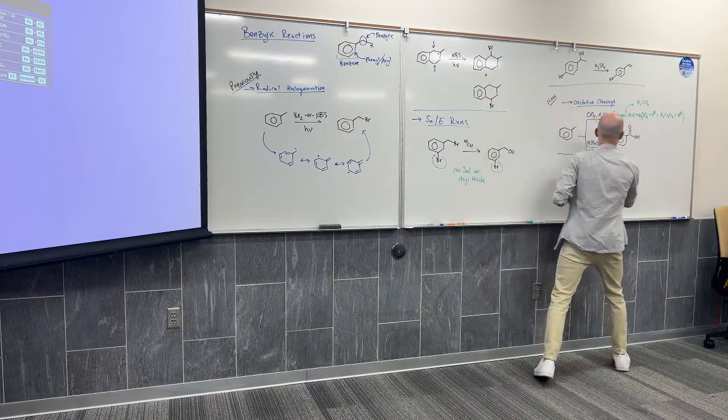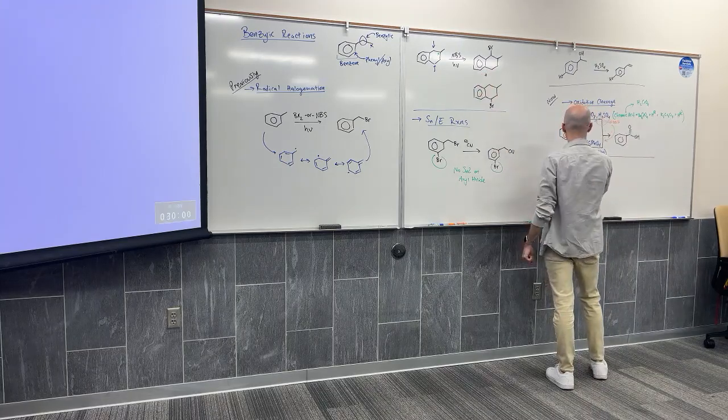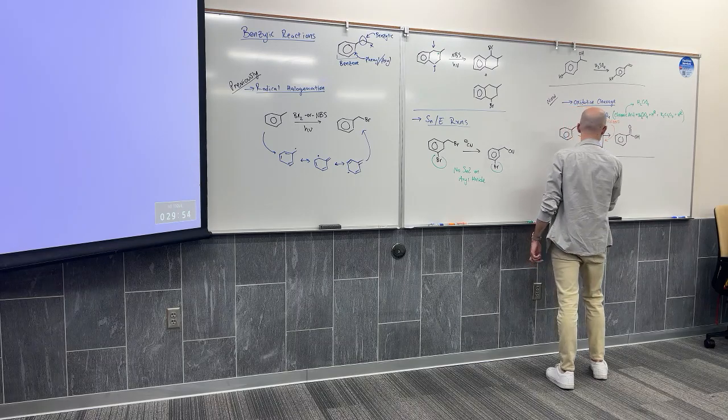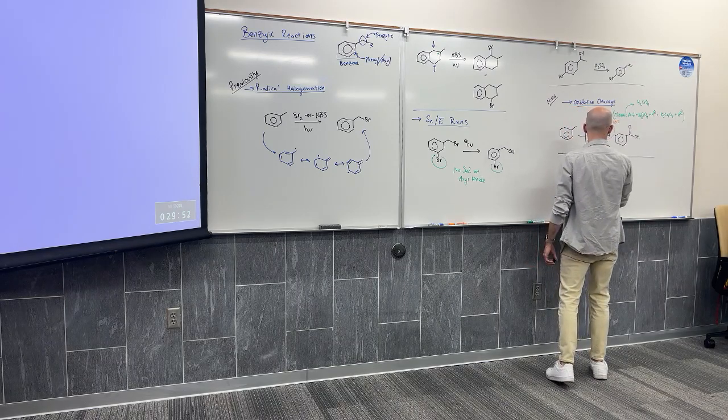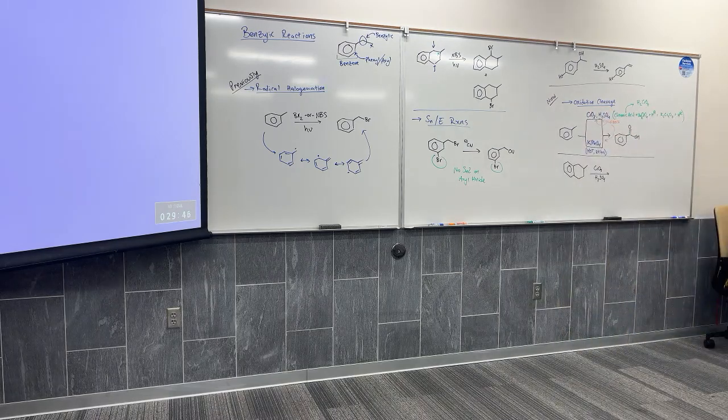Let's look at a more interesting example. I want to take us back to this bicyclic structure that we were analyzing before. And I'm going to mix it with chromic acid, and we'll demonstrate why it's appropriately called oxidative cleavage.